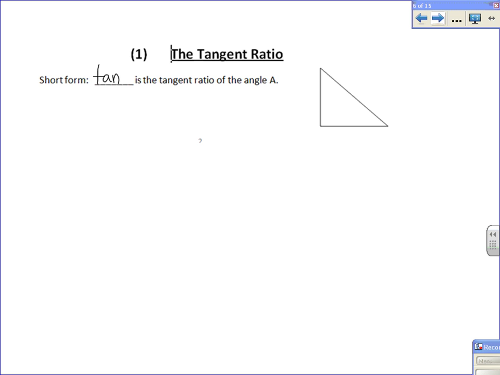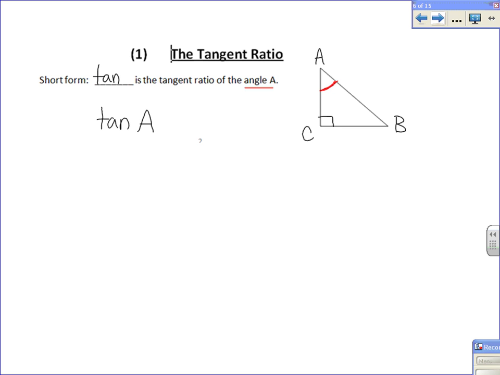So the tan of angle A. Let's call this triangle ABC, where C is our right angle. If angle A is the angle we're interested in, there's my angle A right there. I could label this triangle relative to angle A.